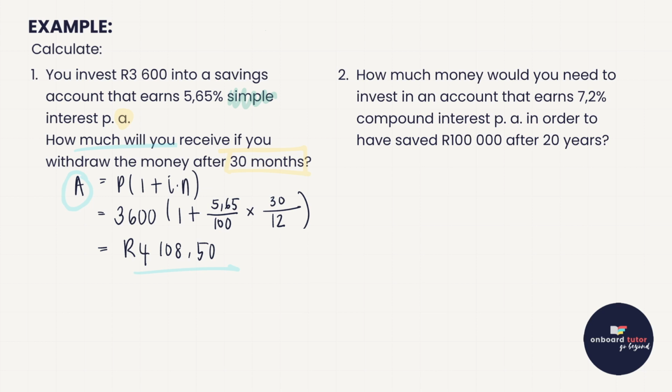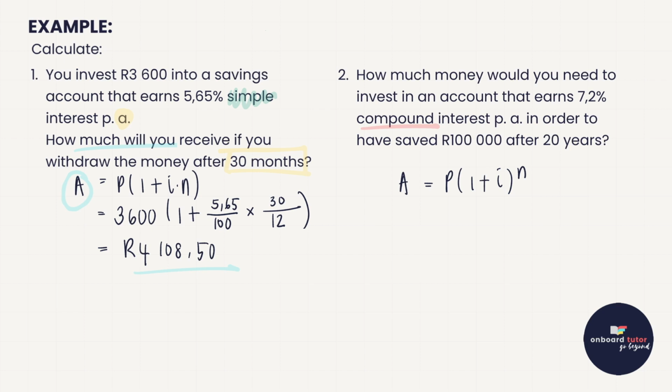Second question here. How much money would you need to invest in an account that earns 7.2% compound interest per annum in order to have saved 100,000 Rand after 20 years? So it's the compound interest formula now that I need. A is equal to P(1 + i)^n.